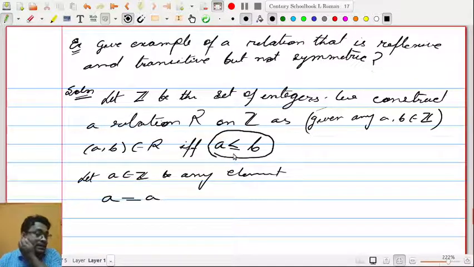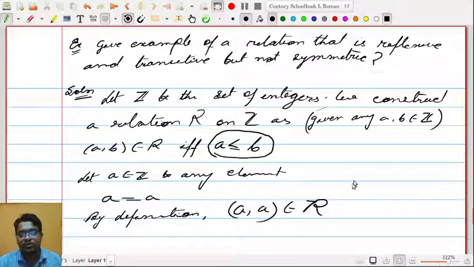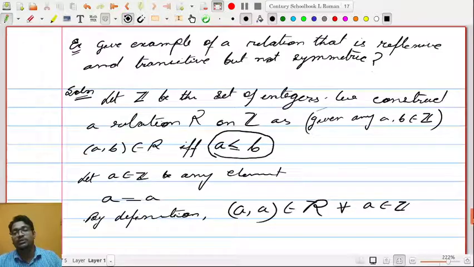Whenever a is less than or equal to b, (a, b) will be inside R. So if a belongs to Z is any element, then by definition of the relation, (a, a) belongs to R. Since a is arbitrary, (a, a) belongs to R for every a inside Z. So it's reflexive. For reflexive, we want every element to be related to itself.